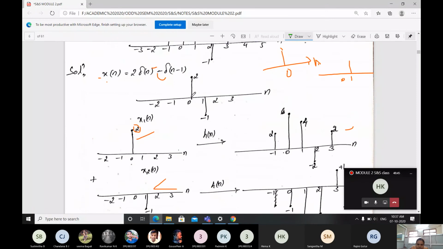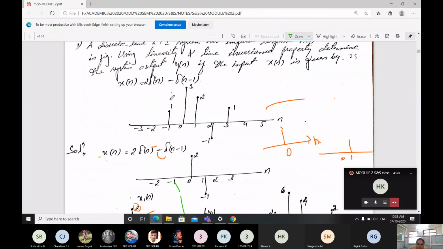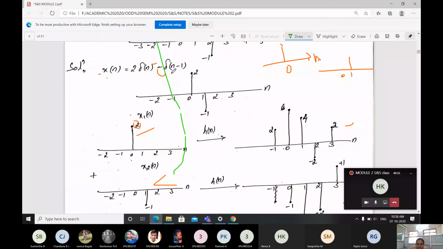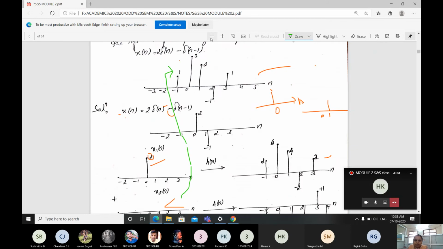Okay, this minus 1, it's going to be multiplied for the whole function for this, and shift the signal by one position towards right.